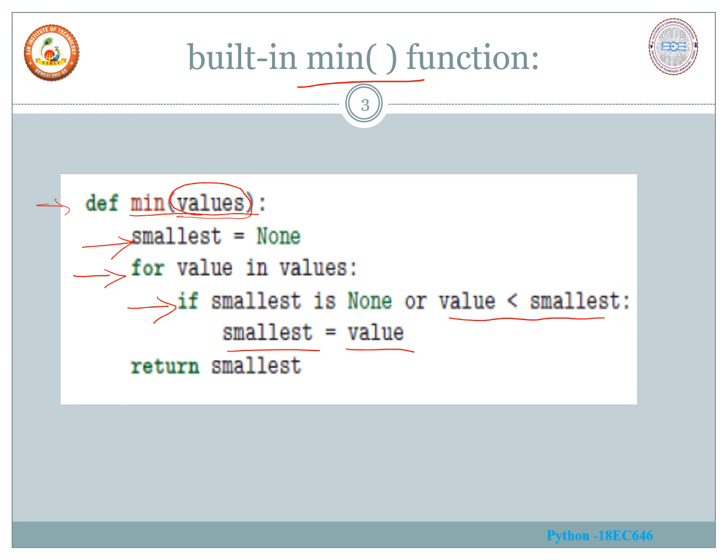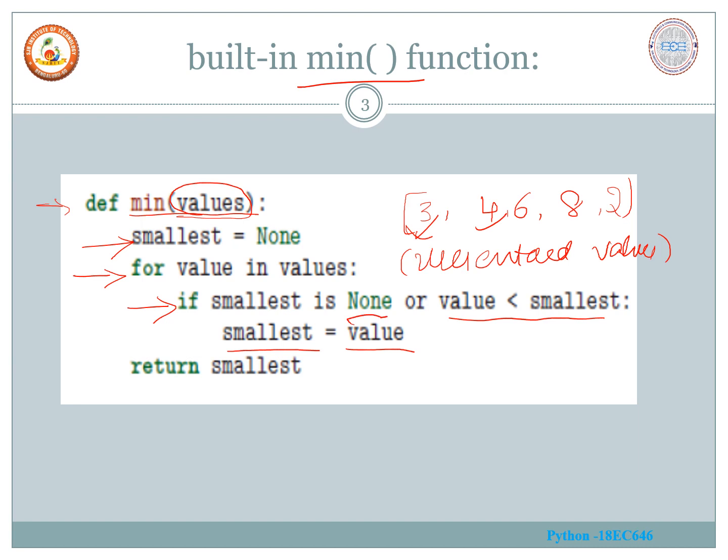Say for example, values are nothing but the user entered values. So corresponding to those values, let me take up some examples. Corresponding to each and every value, first the smallest is loaded with None.